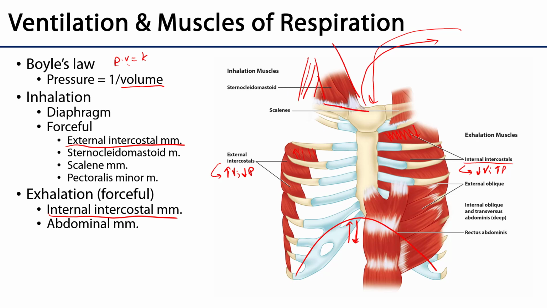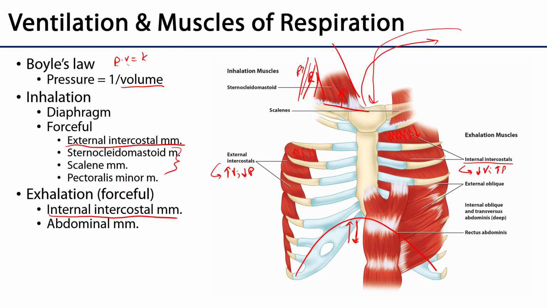When they bilaterally contract, that's going to increase the thoracic cavity ever so slightly. Scalene muscles, rib 1 for anterior and middle, rib 2 for the posterior scalene muscle. They're going to elevate the first 2 ribs. So both of these are going to be very helpful for forceful inhalation.